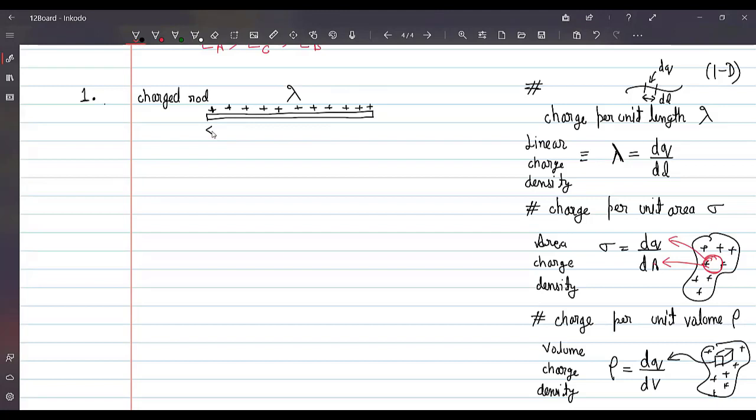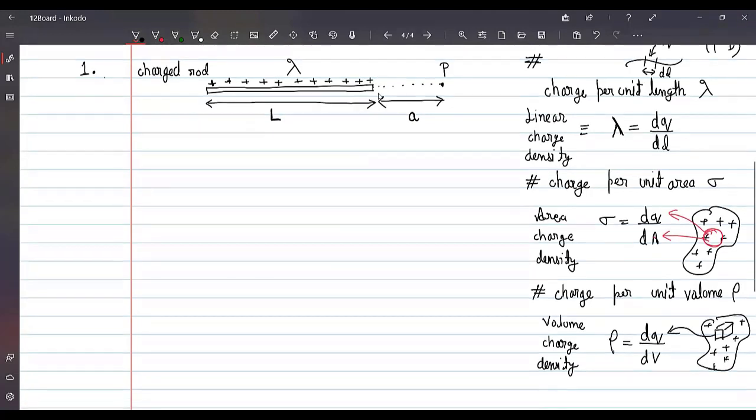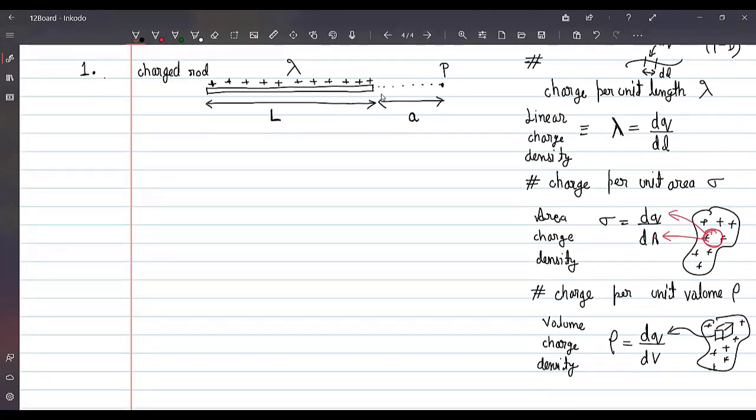And the length of this charged rod is L. What I want to find is the value of electric field at point P, which is, let us say, a distance away from this end. Now, observe it very carefully. We are going to use some basic calculus to find the value of electric field at point P.